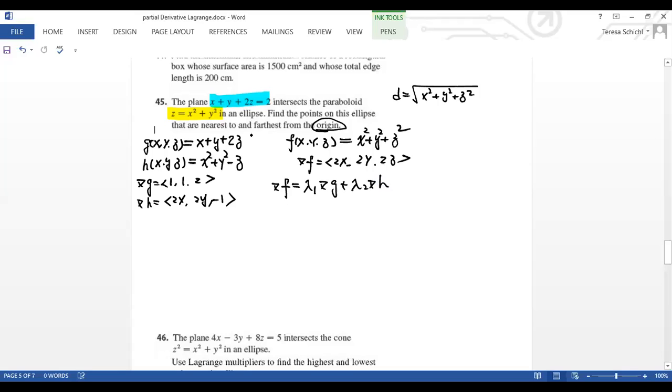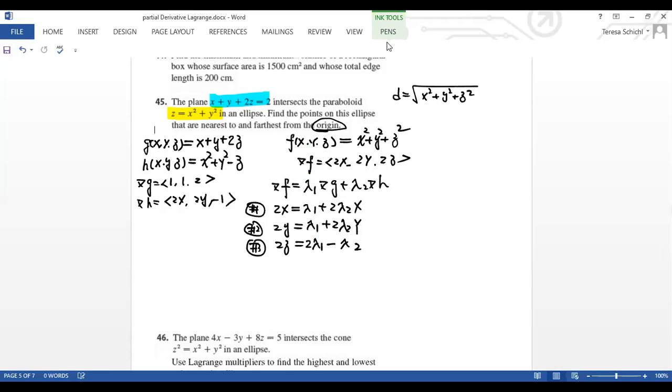Now let's list my equations. Equation 1: 2x is equal to lambda 1 plus 2 lambda 2 x. Equation 2: 2y is equal to lambda 1 plus 2 lambda 2 y. Equation 3: 2z is equal to 2 lambda 1 minus lambda 2.